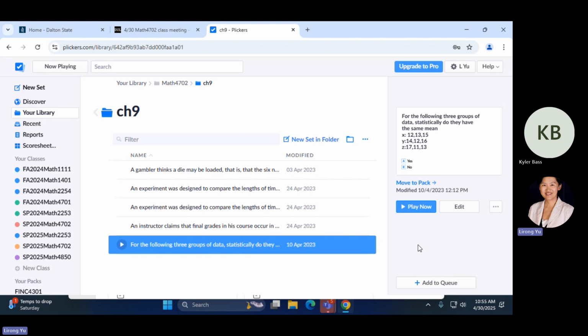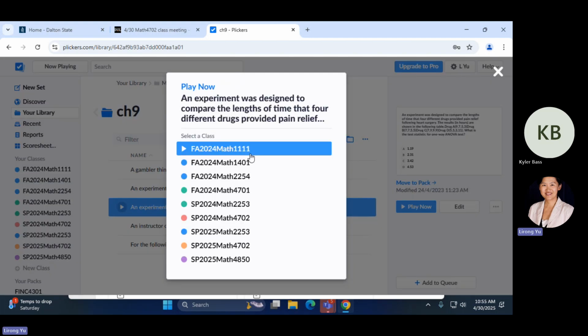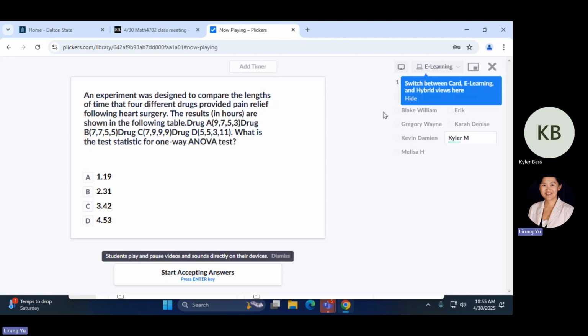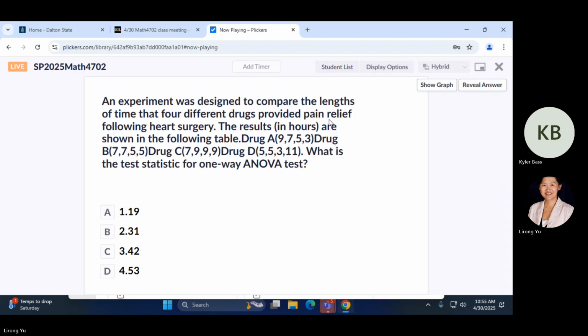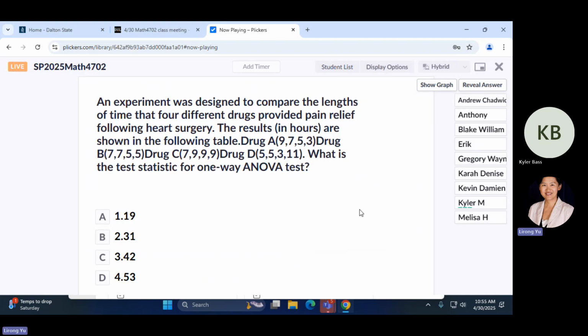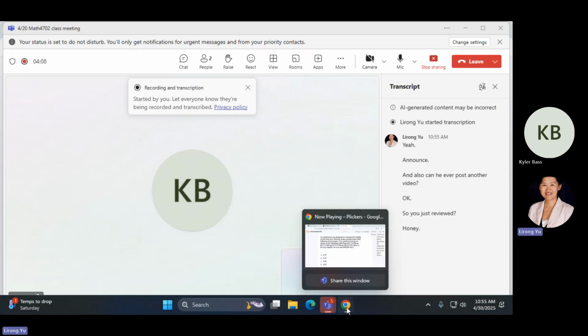Also, did you ever post a review file? Okay, so just review. Yes. And also the, morning, probably bylaws. You want the up there?